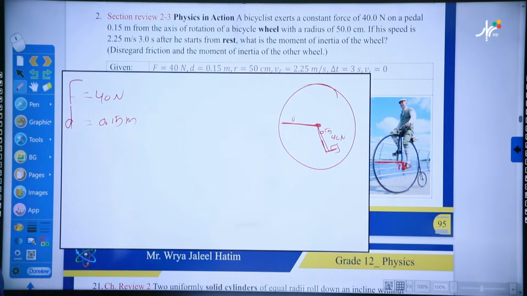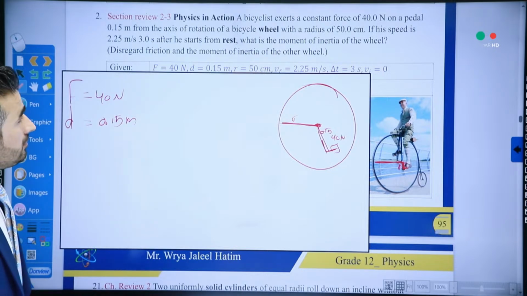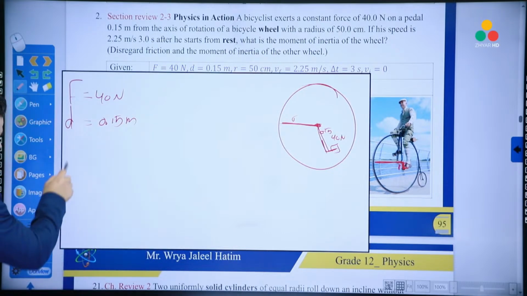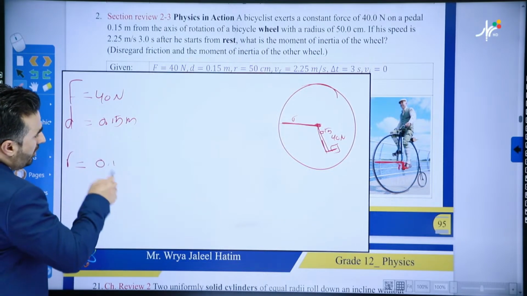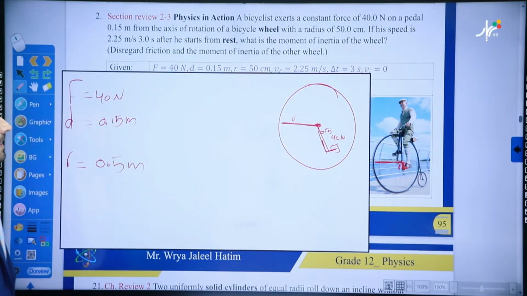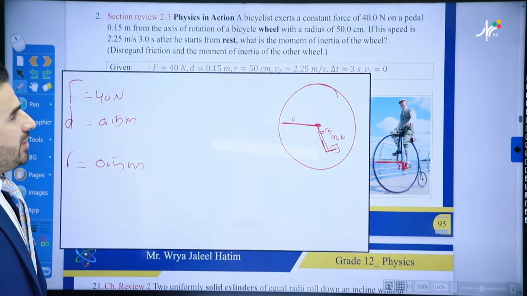Okay, so the next thing is the axis of rotation of the bicycle wheel. It is a wheel, so that is for moment of inertia, don't forget. With a radius of 50 centimeter, we can just say 0.5 meter, don't forget this. If not, 50 centimeter divided by 100.